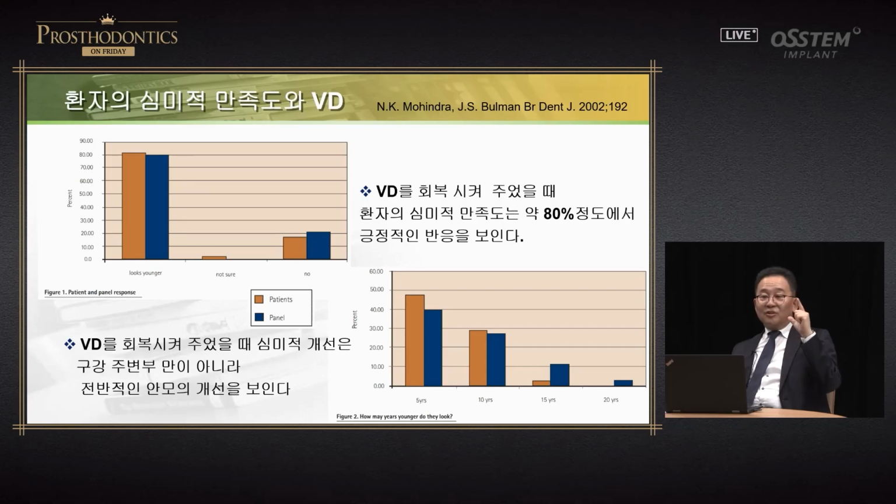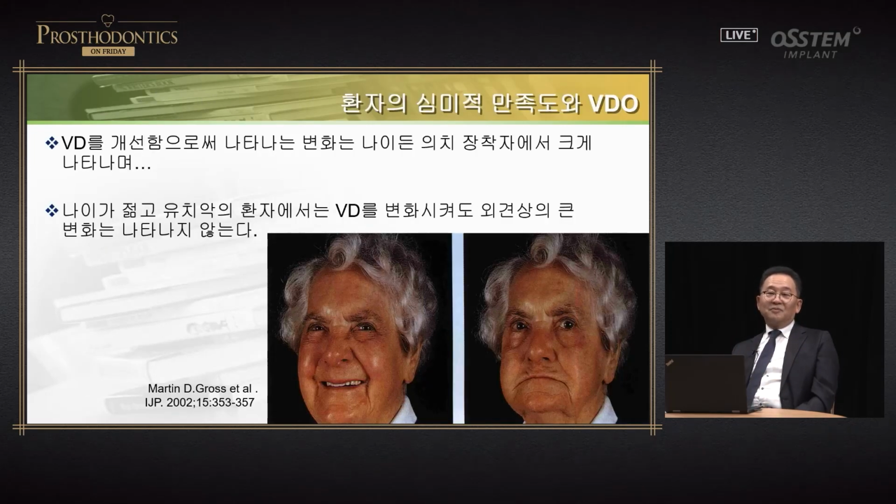Then, how young would the patient look? How many years younger? So you can make them look at least 5 years younger. Some people say 10 years, but 5 years is sufficiently possible. So it had more positive impact on older patients.